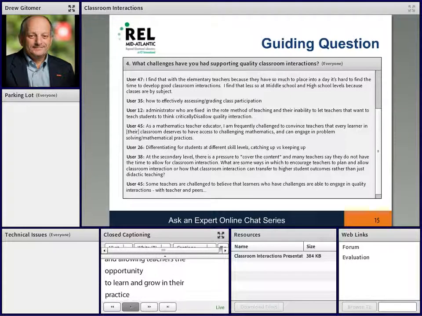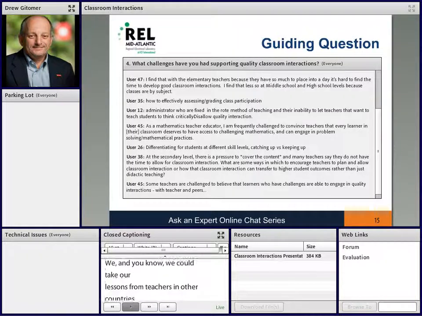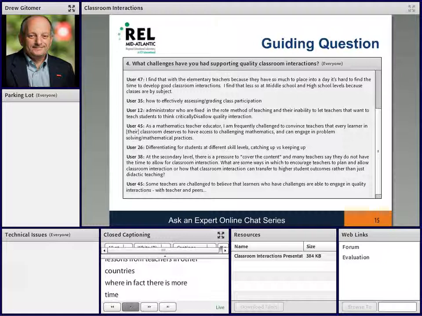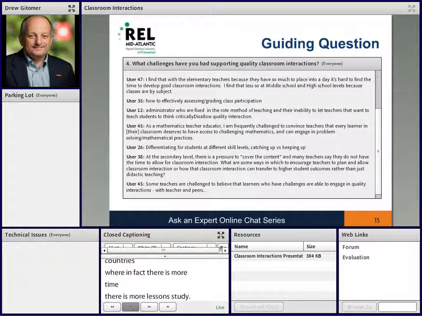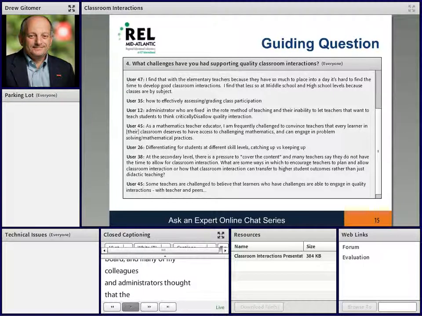Absolutely. We can take our lessons from teachers in other countries where there is more time, there's more lesson study. I was on my local school board, and many of my colleagues and administrators thought that the way to success was just having more contact time.